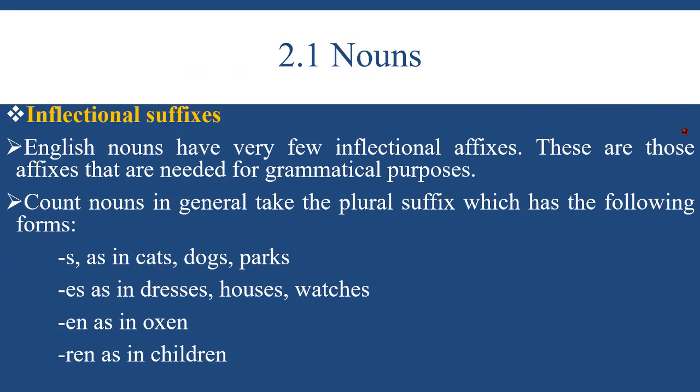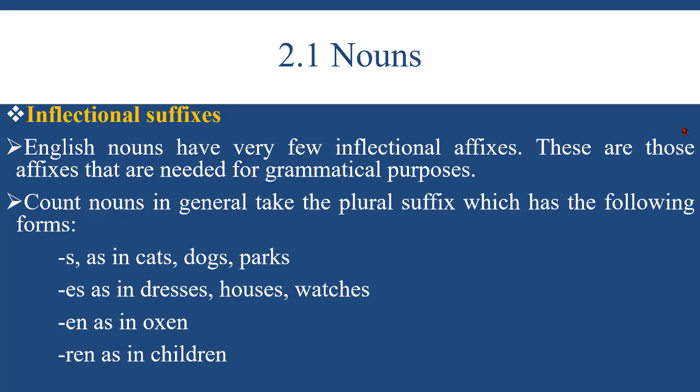Inflection: English nouns have very few inflectional affixes. These are the affixes needed for grammatical purposes, as we have said earlier. For example, countable nouns in general take the plural suffix, which has the following forms. We have s, as in cats, dogs, parks.